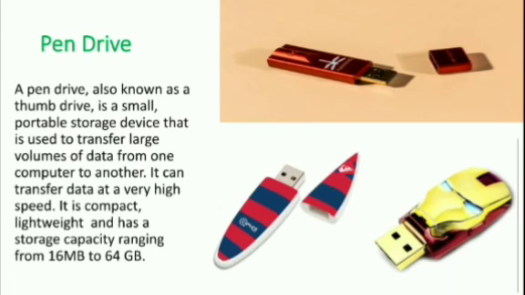Then types of computer memory: two types, primary memory and secondary memory. Primary memory has two types, that is RAM and ROM. In the secondary memory, secondary storage devices are floppy disk, hard disk, optical disk, that is CD and DVDs, and pen drive. I hope you all understood.